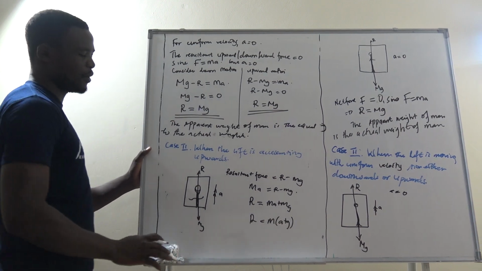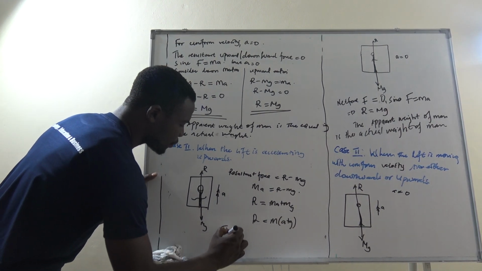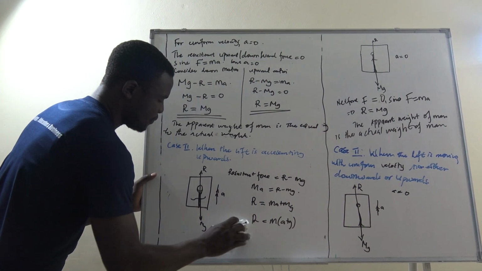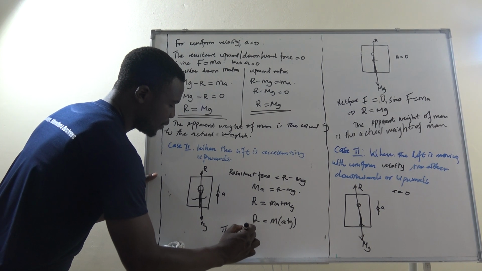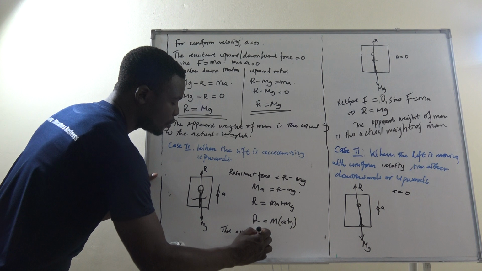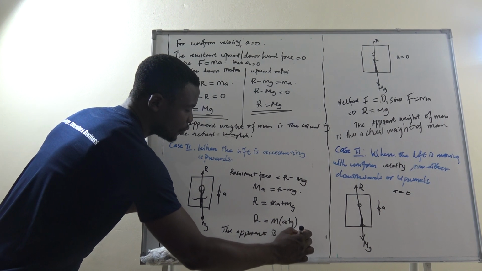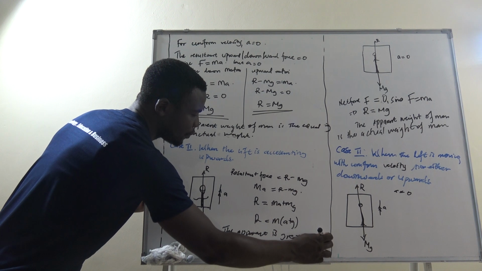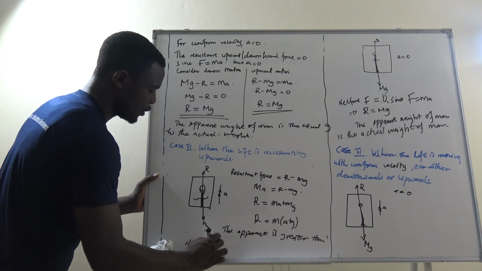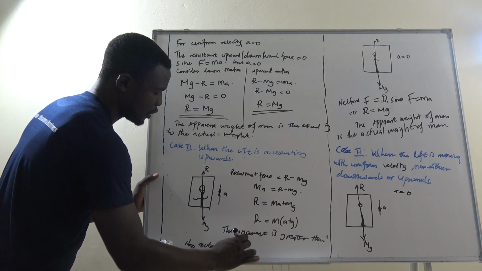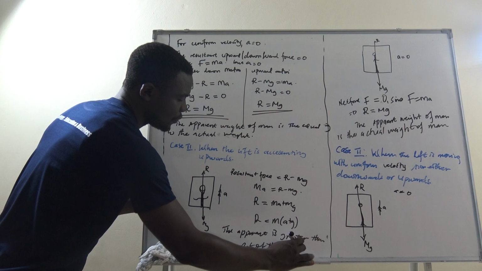Now, what will happen when the lift is moving upward is this: the apparent weight is greater than the actual weight of the man.